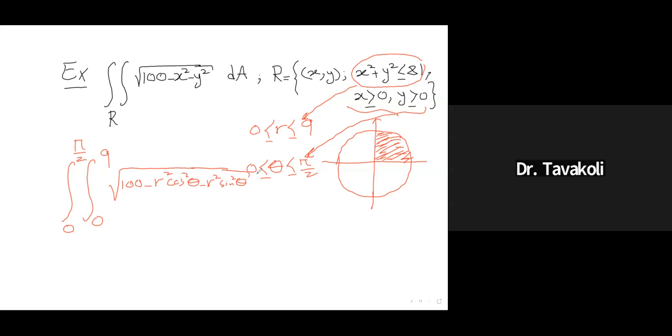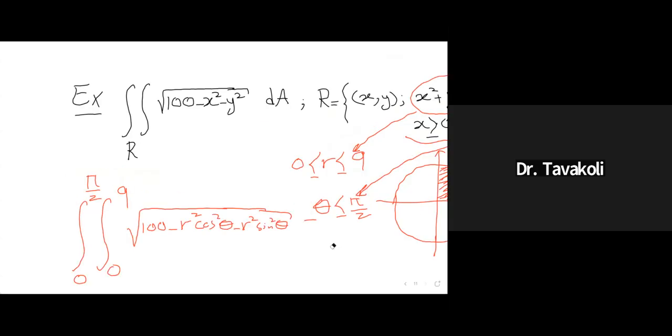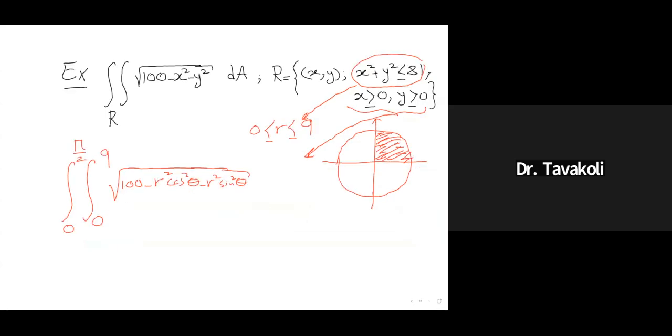And dA for the polar coordinates is going to be r dr d theta. Let me write that back here. Theta is from 0 to pi over 2. So this is the integral that we need to take care of.